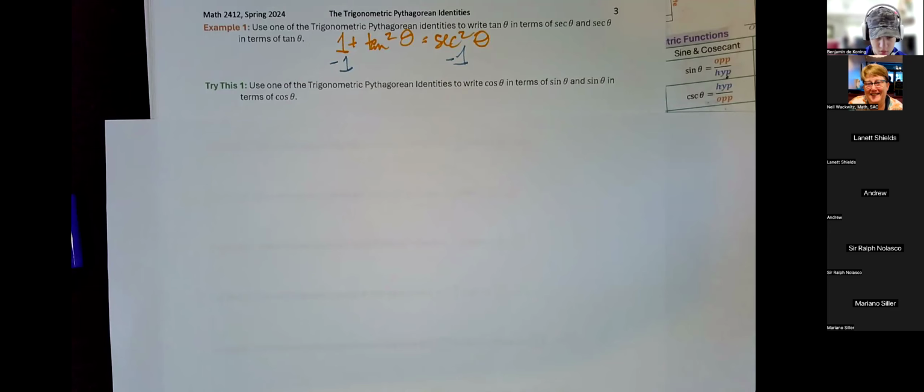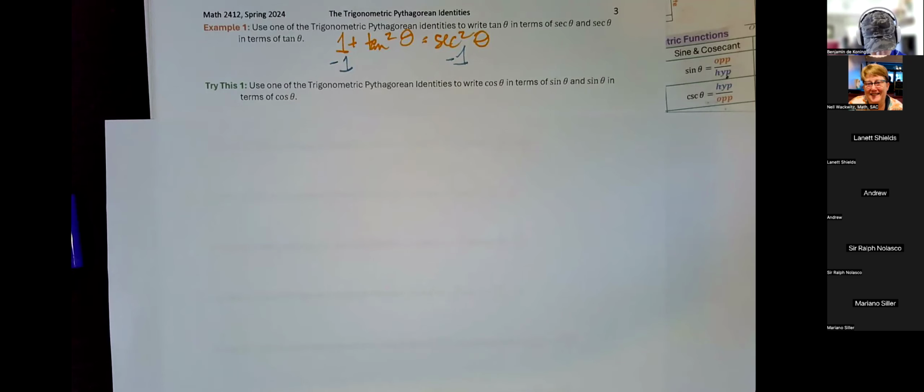If you wanted to solve for cosine, let's try to find cosine first. So you would subtract sine to the other side. You could say 1 minus sine squared theta equals cosine squared theta.